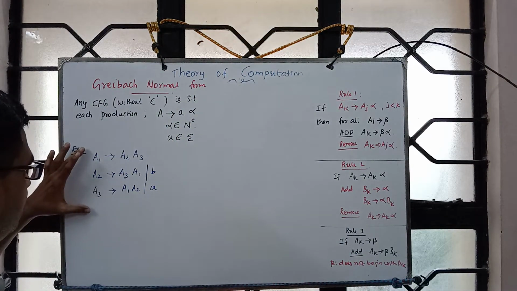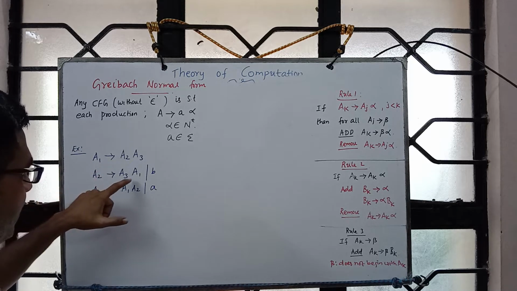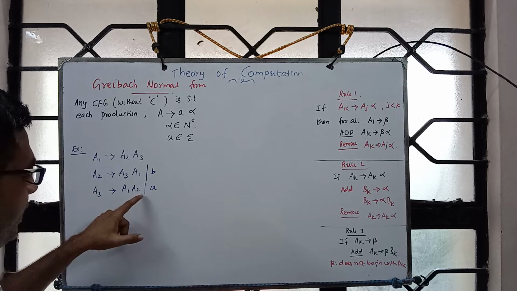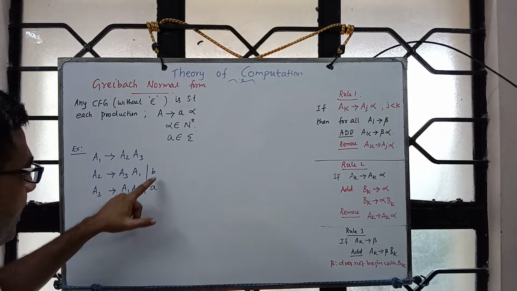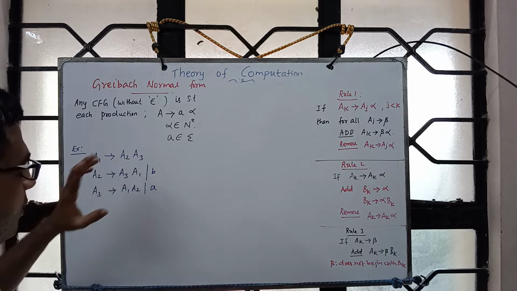So consider this grammar. A1 implies A2 A3, A2 implies A3 A1 or B, A3 implies A1 A2 or A. A and B are terminals, A1, A2, A3 are non-terminals.